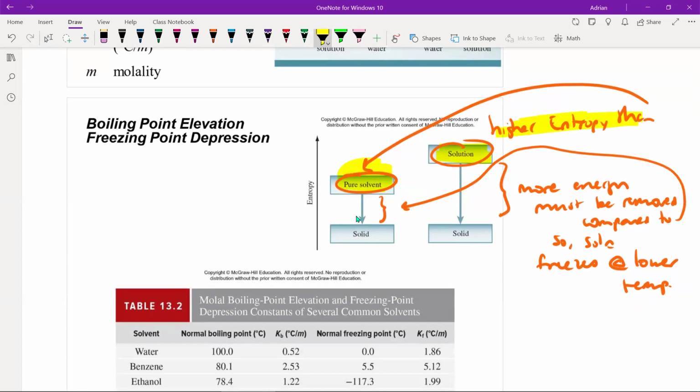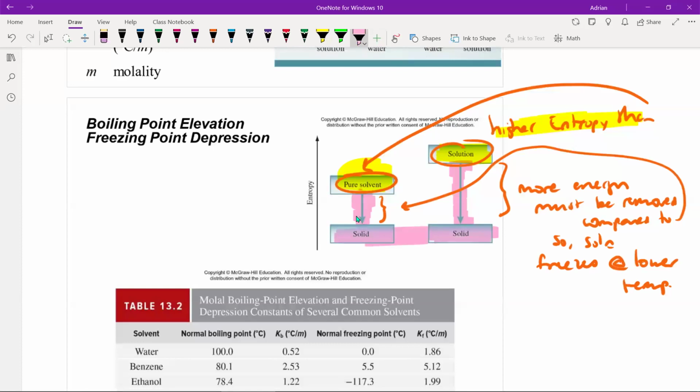But in order to freeze, they both need to get to the same endpoint, the solid, and the solid has the same entropy in both cases. Now, there's a bigger difference in entropy from the solution to the solid, compared to going from the pure solvent to the solid.